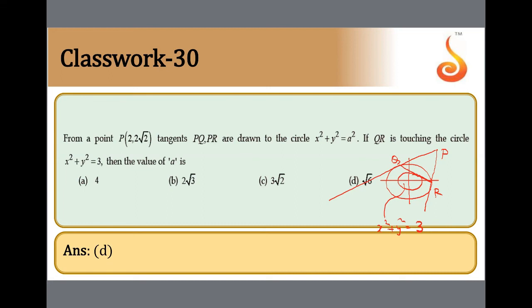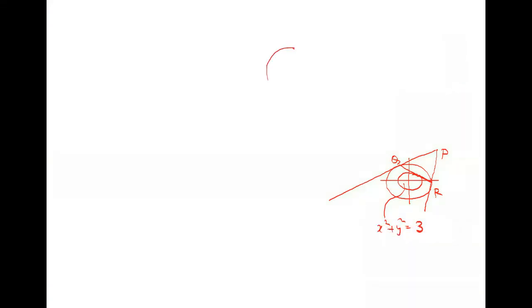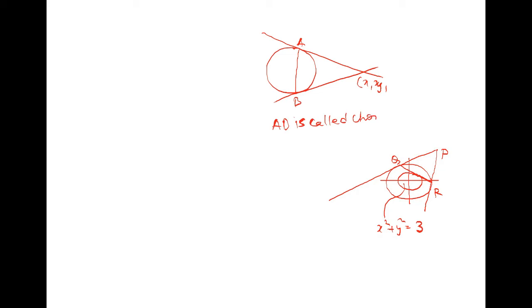Now, here is the concept. This is the circle. This is one tangent, this is another tangent. This is the chord, and this is (x1, y1). So AB is called the chord of contact.